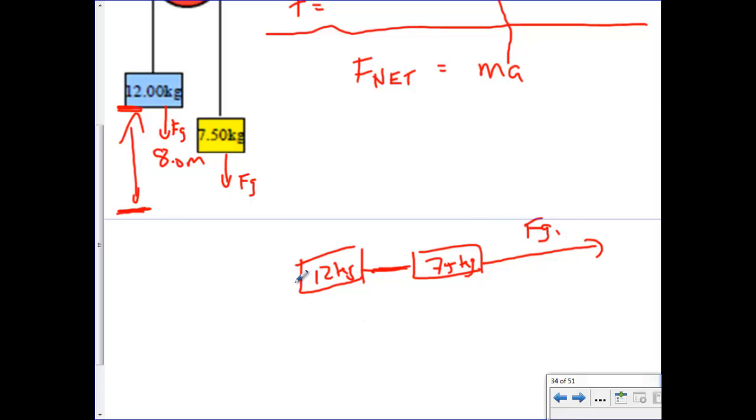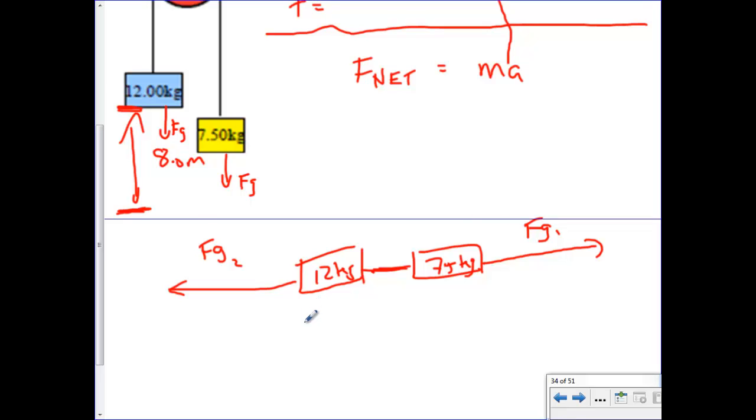I'm just going to call it gravity 1. But the 12 kilogram box is getting pulled in the other direction by gravity. You kind of see how I'm changing the problem here? Rather than having the pulley in the middle and having them both hang downwards, if I were to remove the pulley and just hold them side by side, it's like one box is getting pulled one way and one box is getting pulled the other way.